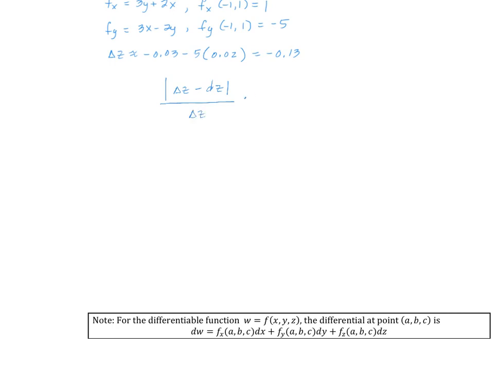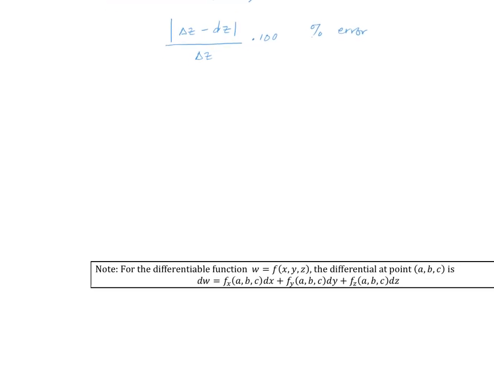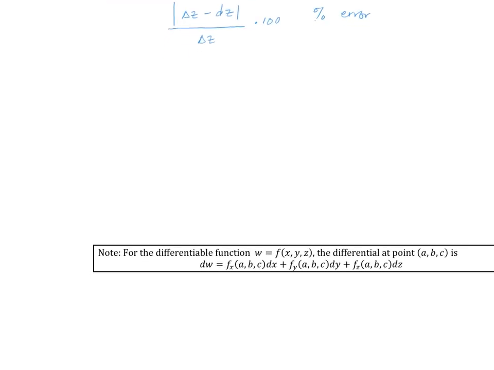And then we're going to multiply it by 100 because it's going to be a percent error. I have to compute the actual. So the change in my z values is going to be my starting value minus my ending value.